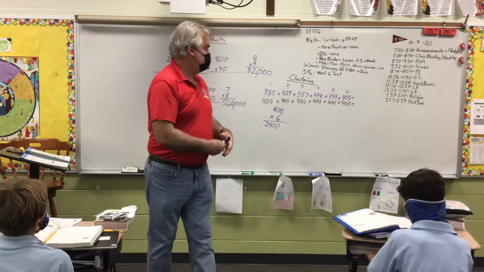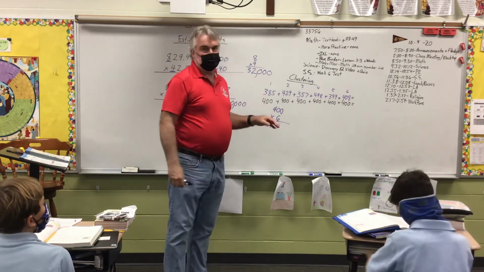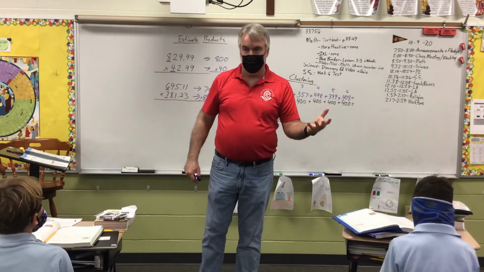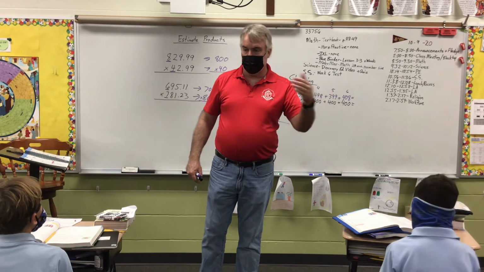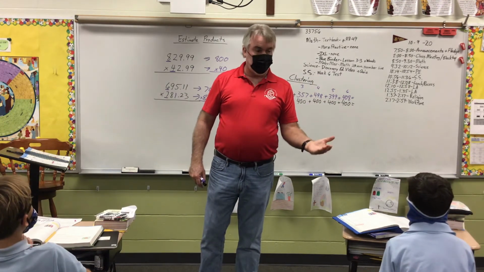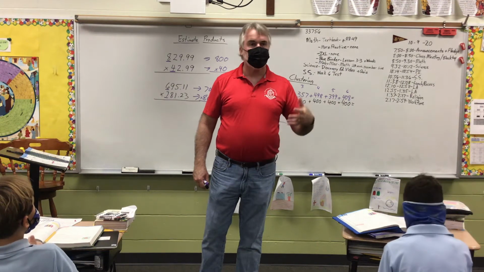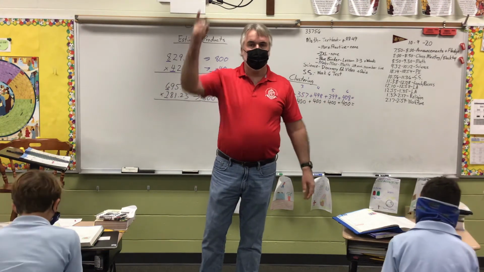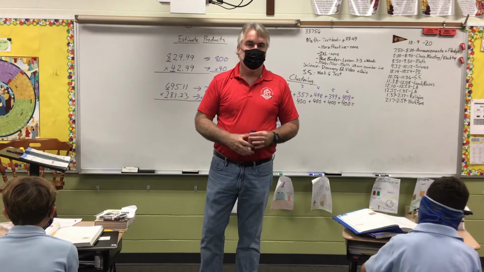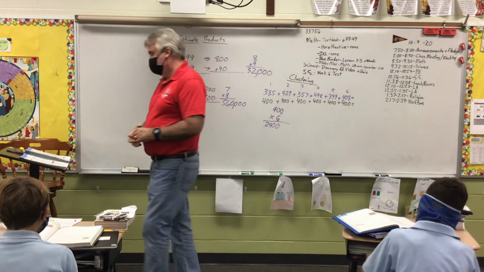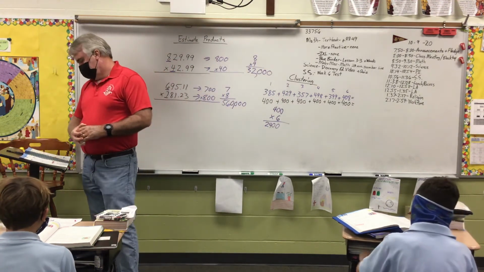It could be the same thing with thousands. It could be the same thing with tens. As long as they all round to the same place, then you're back to the repeated addition, which is multiplication. Okay? Luke.